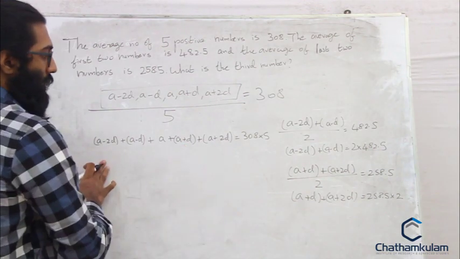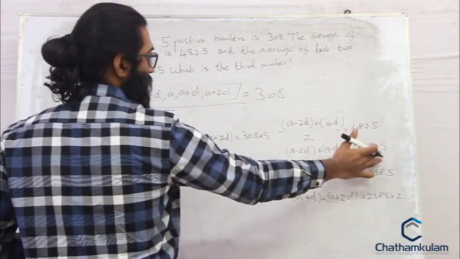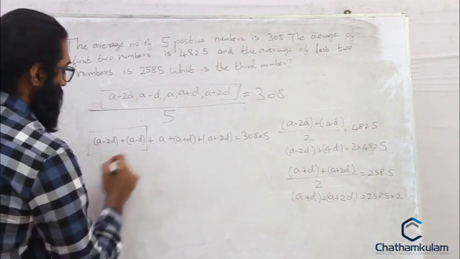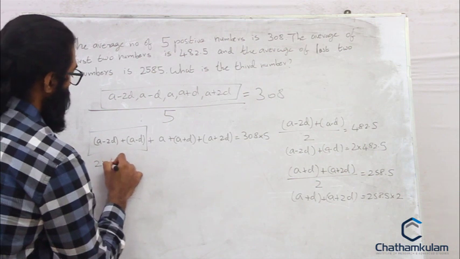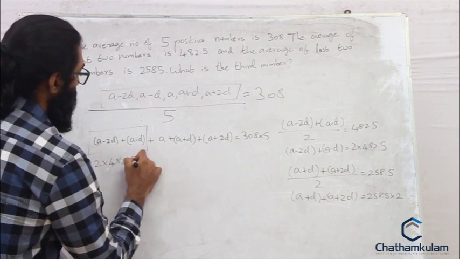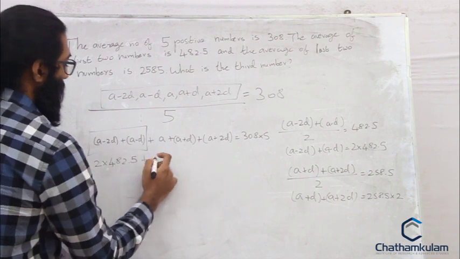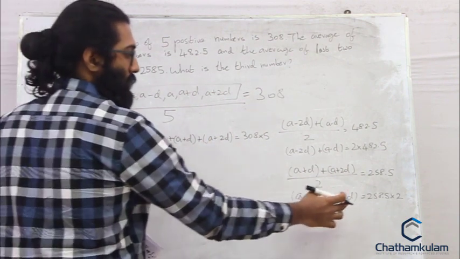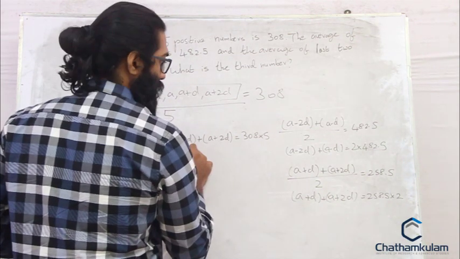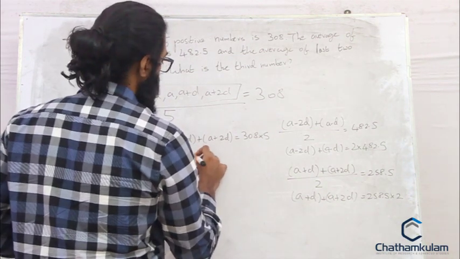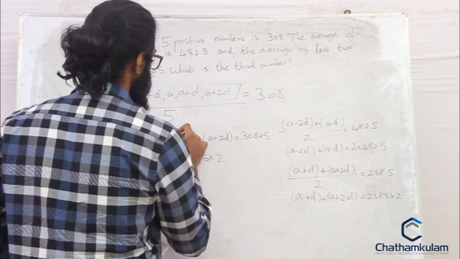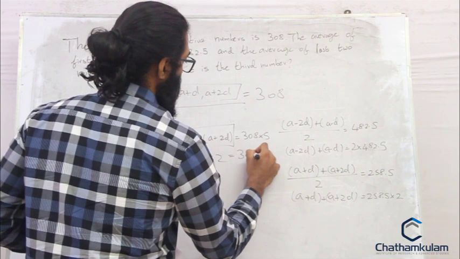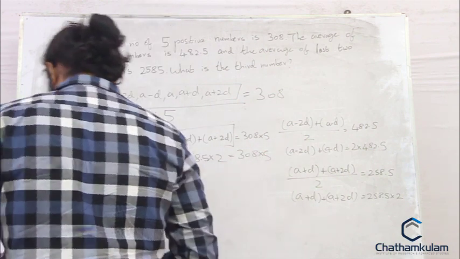So we substitute the values of the sum of the first 2 numbers. In the place of this, we can write 2 into 482.5 plus, we don't know a, so we write it as a, and the sum of the last 2 numbers is 258.5 into 2. So this is equal to 308 into 5.